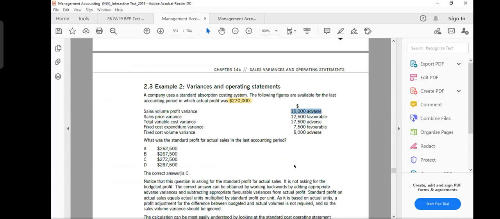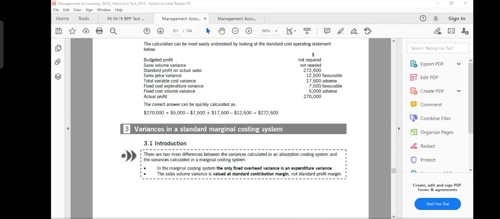And if you have to include, what would you have done, add or subtract? Add. Add back. You should have added back. If they only tell you to calculate standard profit on budgeted sales, then you should take this care. You should add this number also. Understood? Yes, sir.